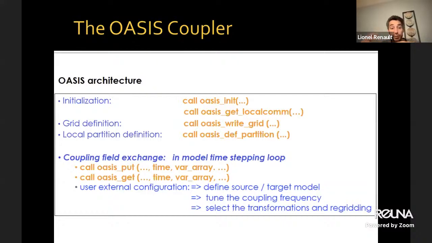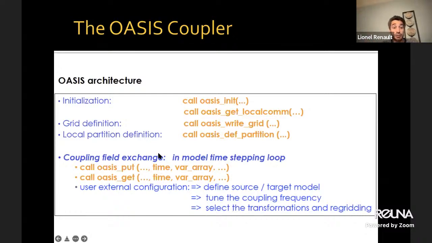And then it will compute some coupling weights to do the online interpolation after. And the OASIS def_partition defines the partition of the models, because WRF and CROCO will be parallelized, so we want to know which data is communicating with that one from the atmosphere.